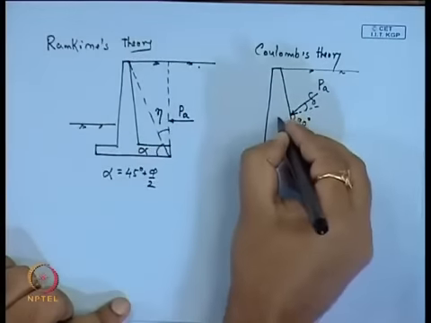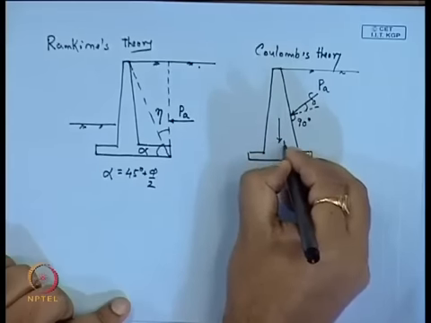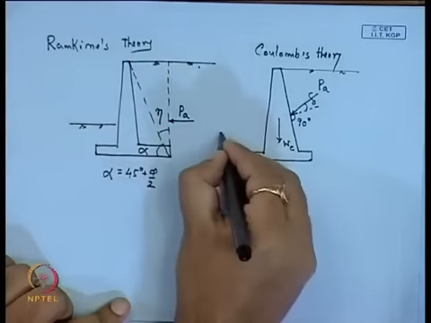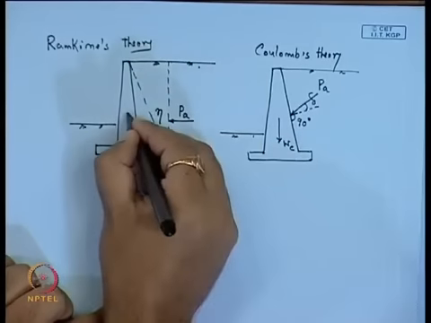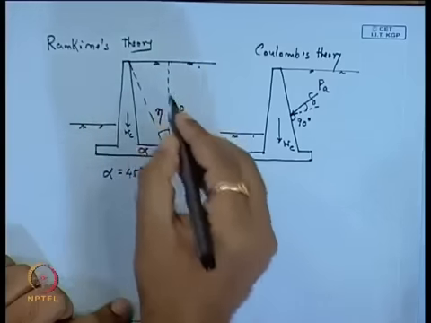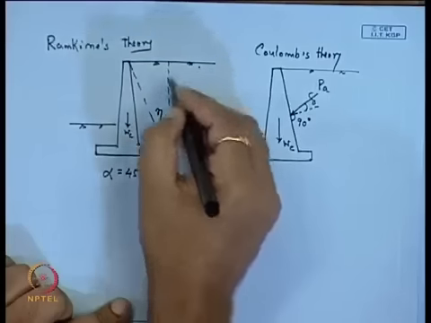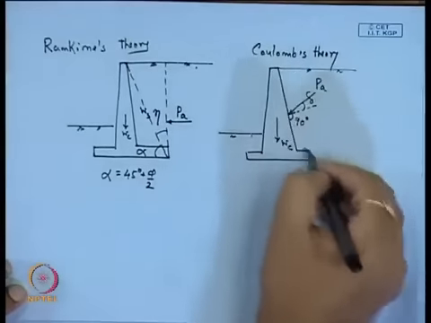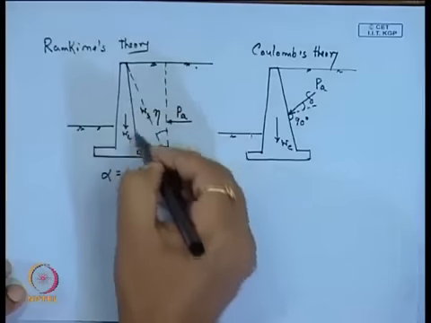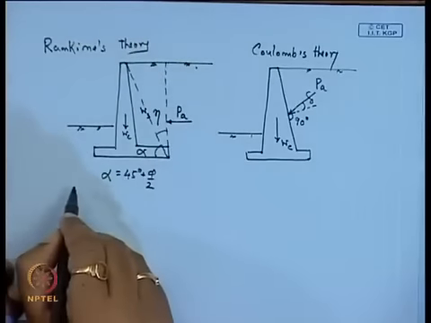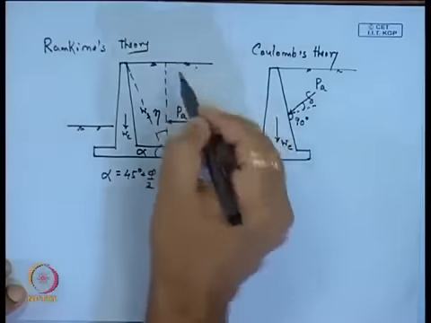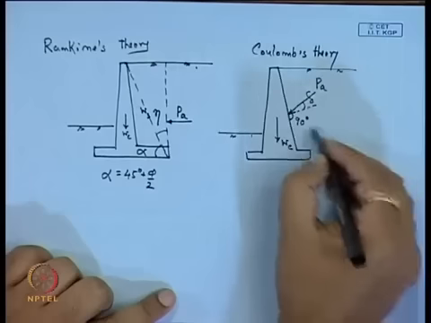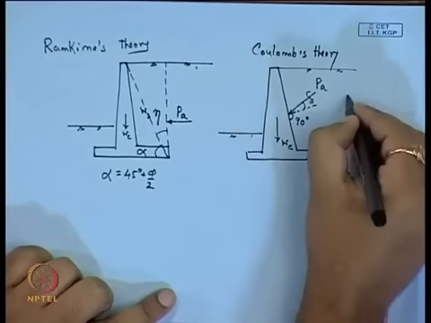Now, what are the forces that you will consider? Here the weight of concrete that we will consider. Again this is also the ground surface. In addition to that, we will consider the weight of this soil also between this area. So, that means here we are not considering the weight of this soil, here we are considering the weight of this soil and weight of this concrete also. But here this will act parallel to this ground surface, here it will act on the perpendicular line which is making an angle delta, where delta is the friction angle between the soil and wall.